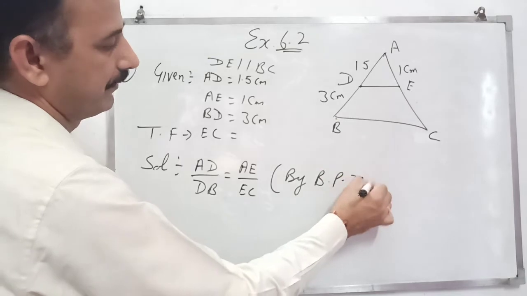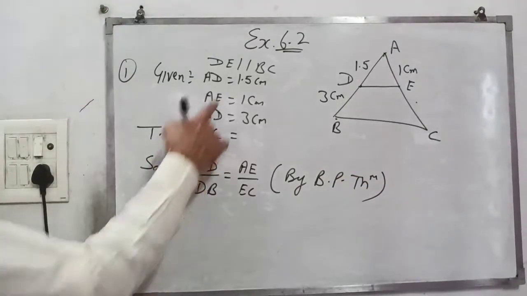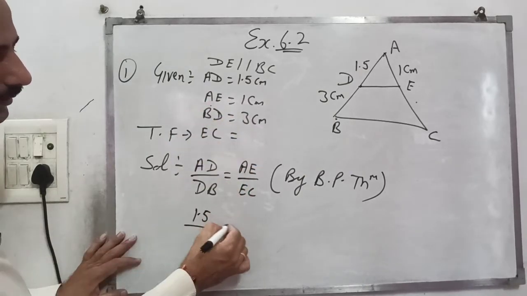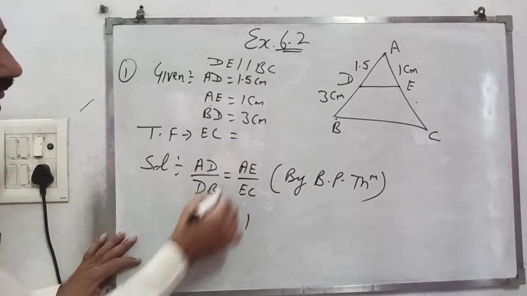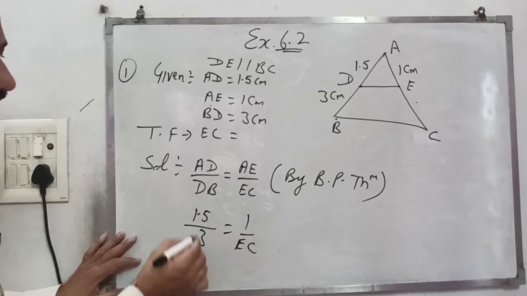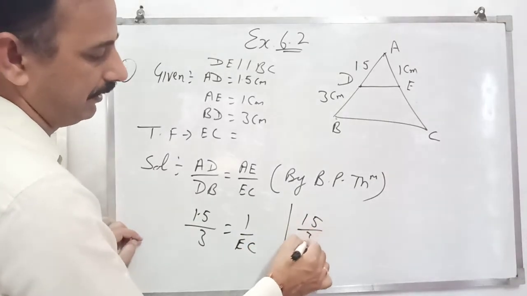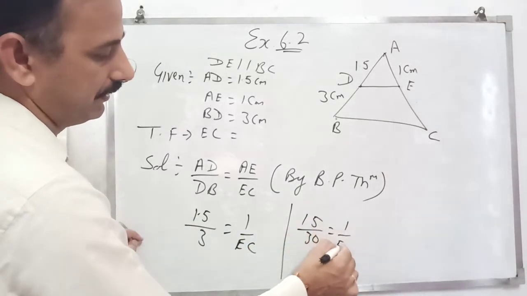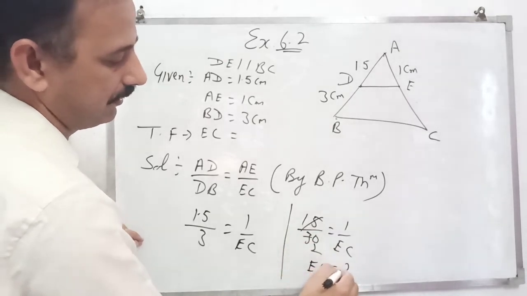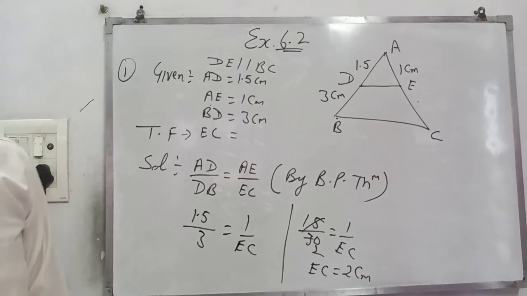Now put the values: AD equal to 1.5, AE equal to 1, BD equal to 3, and we want to find EC. So it's 1.5 upon 3 equal to 1 upon EC. So it means EC equal to 2 centimeter. So the value of EC is 2 centimeter.